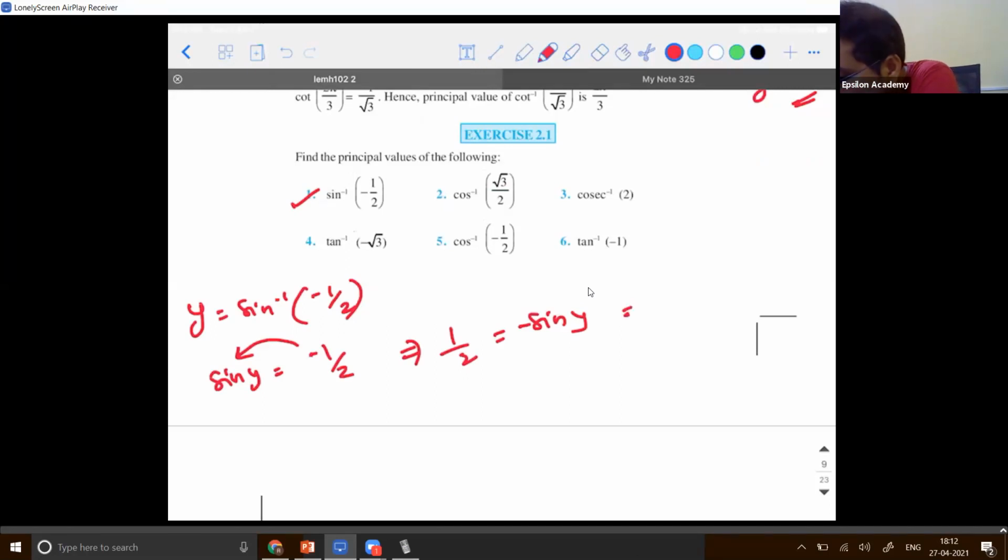Okay. So this will be sine of minus y. So what will be the answer? Sine of what angle is going to give you half? Pi by 6. So minus y is equal to pi by 6, which implies y is equal to minus pi by 6.